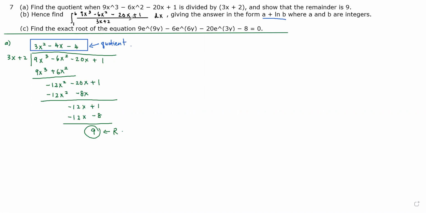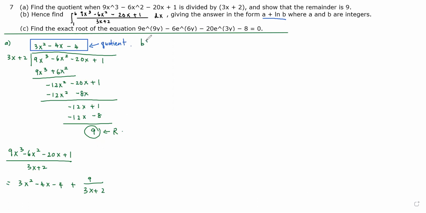If you look at part A, we know that when 9x cubed minus 6x squared minus 20x plus 1 is divided by 3x plus 2, we have a quotient which is 3x squared minus 4x minus 4, and the remainder is 9. So 9 is divided by 3x plus 2. We can write this expression in this manner.